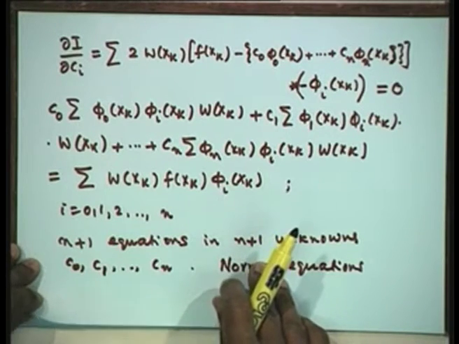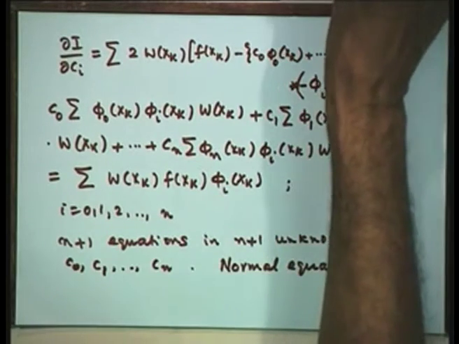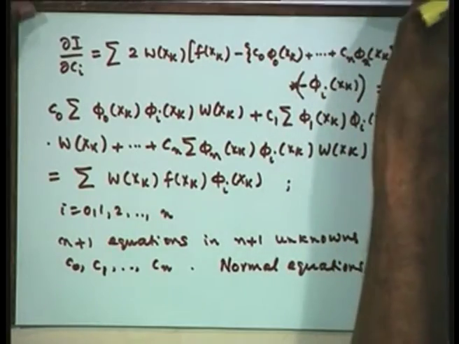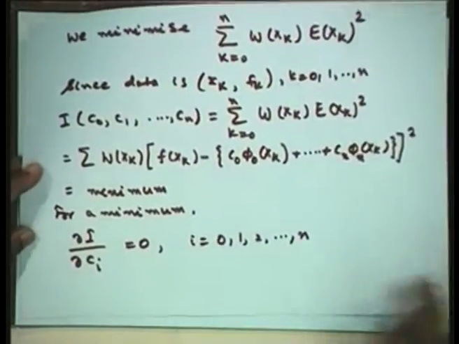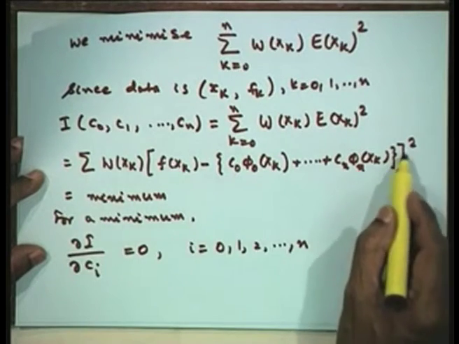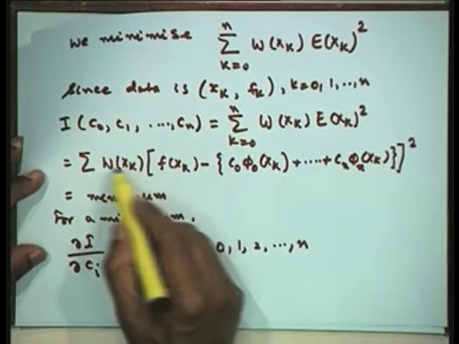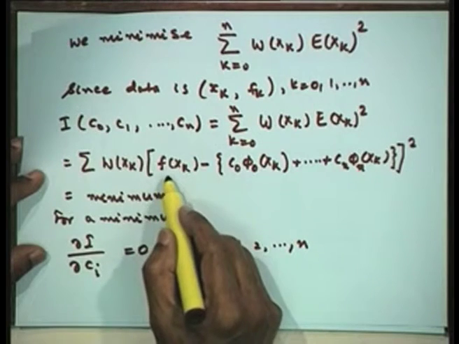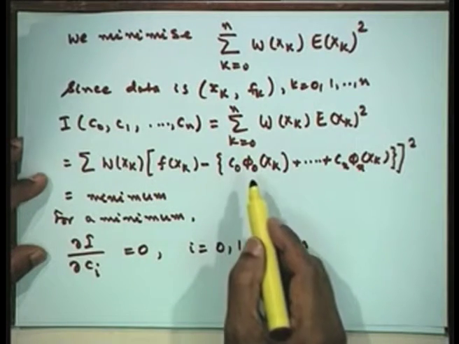And we can also find out the least square error. We can write down the expression, substitute the values of C naught, C 1, C 2, C n over here, simplify the whole thing, square this one, multiply by w x k and sum over this, and that gives you the least square error, the total least square error.